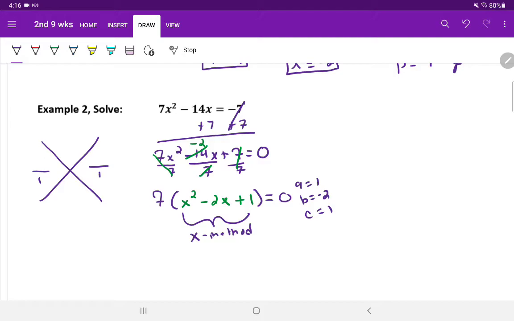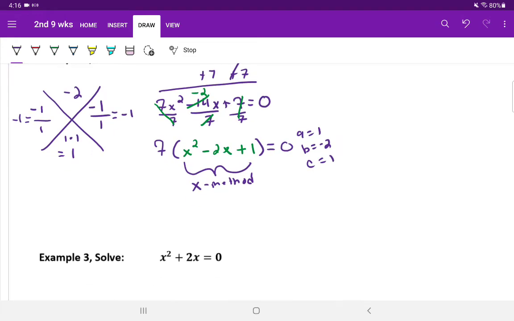So we put 1 times 1, which equals 1, and then -2 goes on top. We need factors of 1 that add up to -2. With 1, we only have one choice, 1 times 1, but it still needs to add up to -2, so both of these need to be negative. -1, -1. Those are our factors.